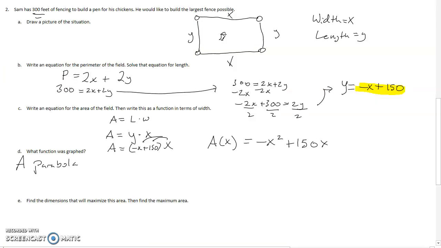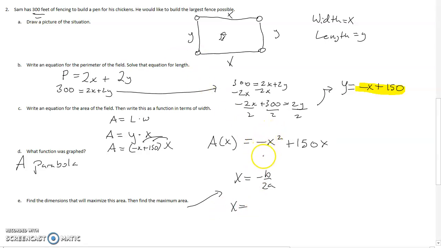So again, we're going to rely on the vertex formula, which you remember, the x value is equal to negative b over 2a. Let's start by just finding that x value. So x is going to be, let's think about what a and b are here.